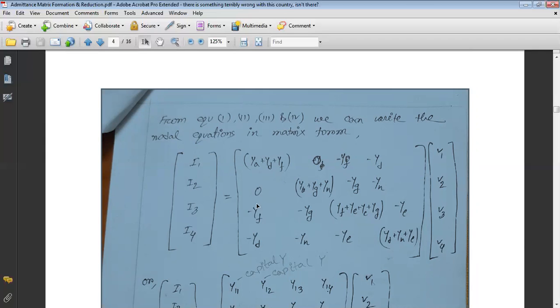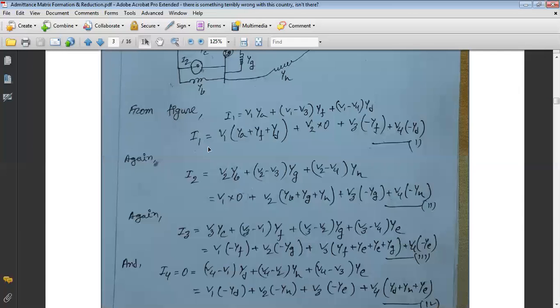And we know the matrix multiplication rule, that a row is multiplied with a column. So row elements multiply with column elements. So the very first row of the coefficient matrix should come from equation number 1, that is I1.